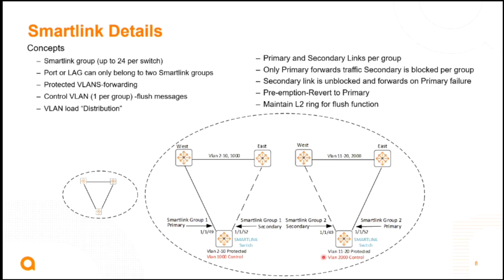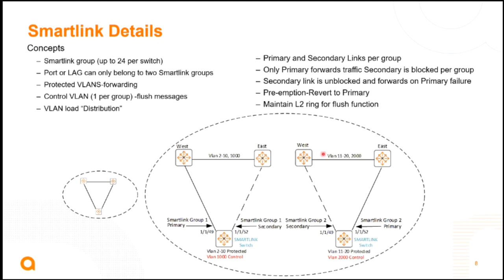And I've defined some different VLANs. You can see 2 to 10 here, 11 to 20 here, and I've got a different control VLAN. And in this way, I'm load distributing the VLANs. That's the main thing, and this is the rule that I mentioned earlier, that you can only have 1 port in 2 groups, and this is how we load share.